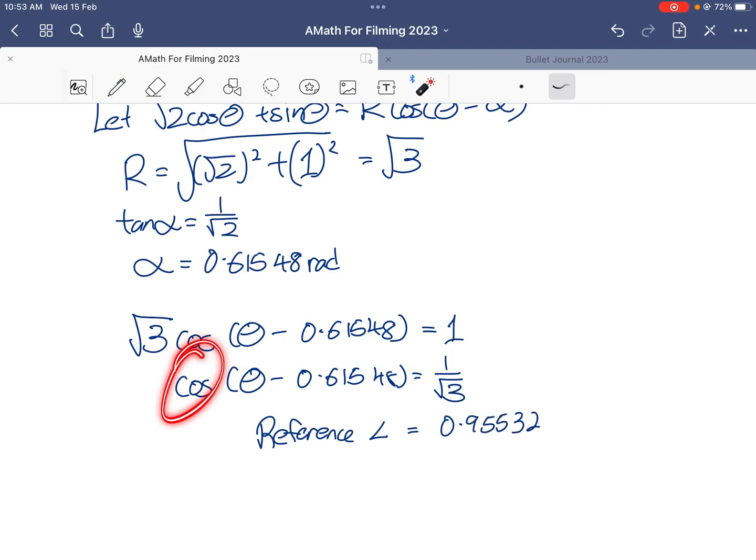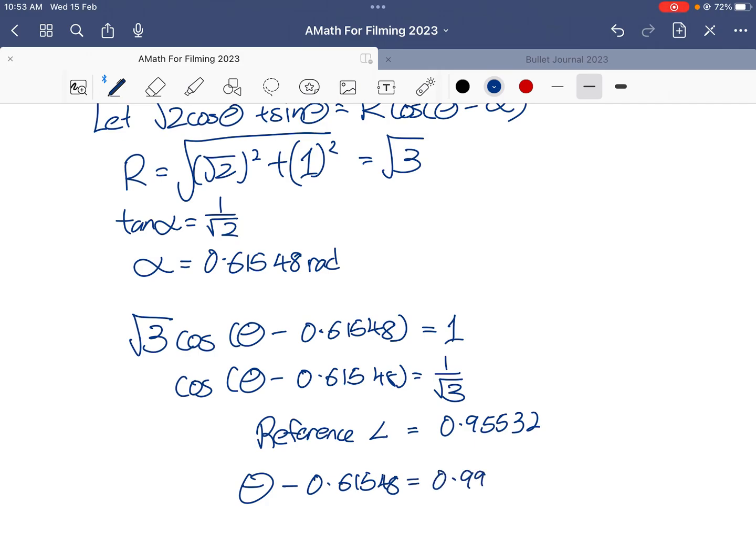How I get that is I take inverse cosine of 1 over root 3. Therefore, theta minus 0.61548 equals 0.95532.